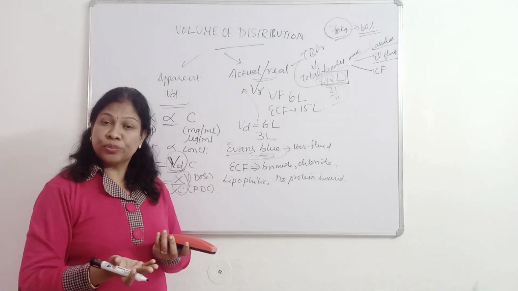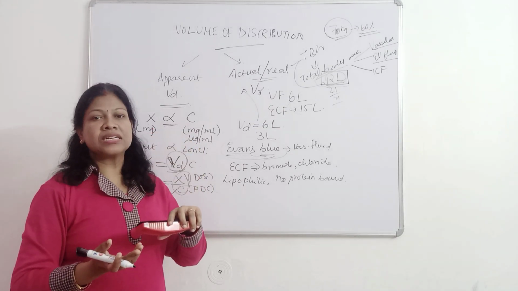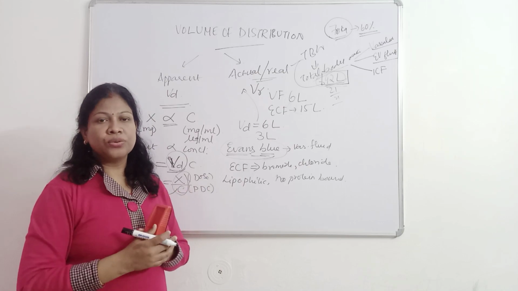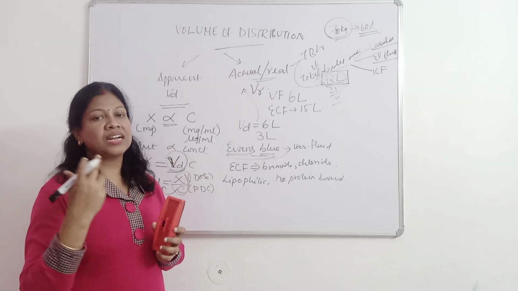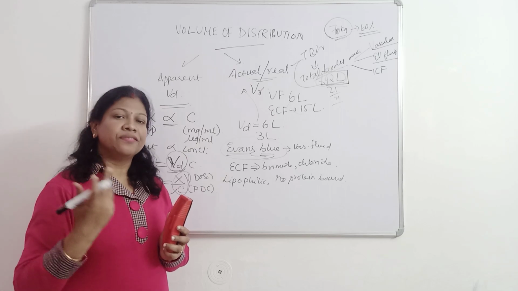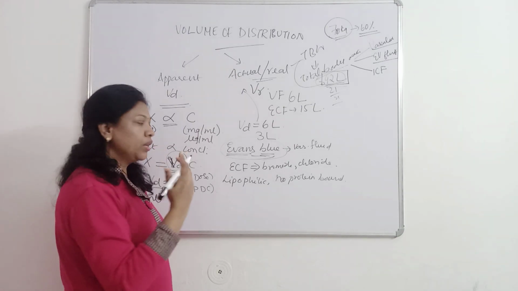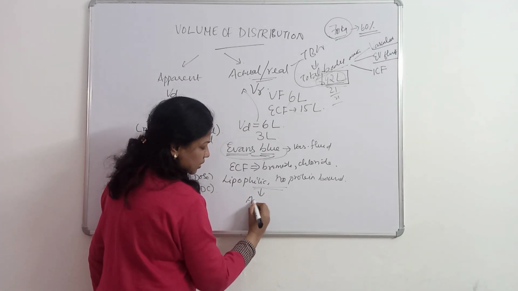Since it is not protein bound, it can even undergo glomerular filtration and it can enter into any membranes. So it can pass very freely throughout the body. It can cross the blood-brain barrier. So the total body water can be determined by using such a substance.